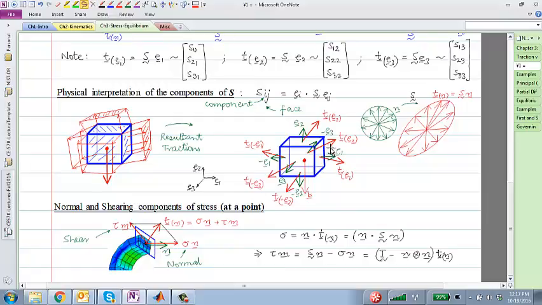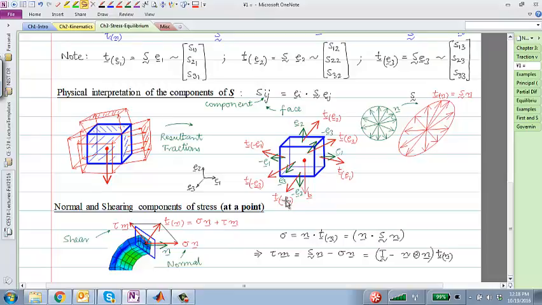Okay. So those 6 arrows that I have drawn on the right hand side, this, for example, is the face with normal E2. The traction on that face could be pointing in some general direction, which I'm calling T sub E2. Similarly, on the opposite face, minus E2, there is a traction T sub minus E2. Let me ask you this: T sub E2 and T sub minus E2, is there some relationship between them?